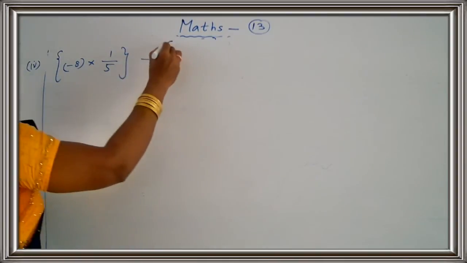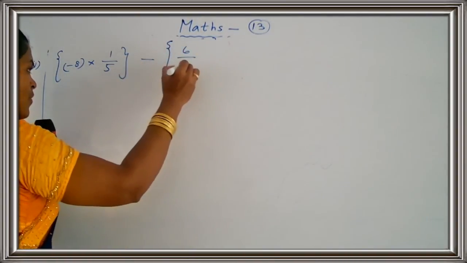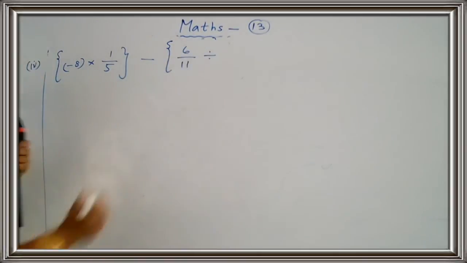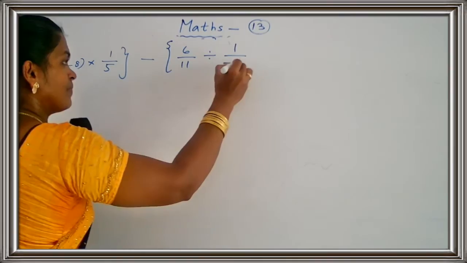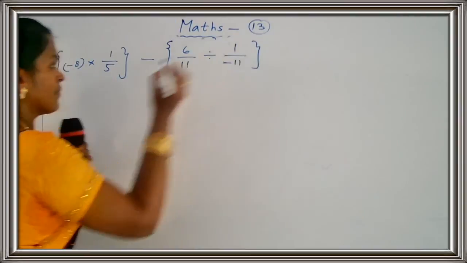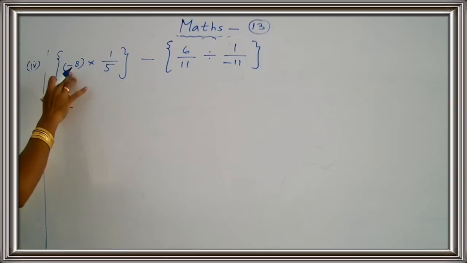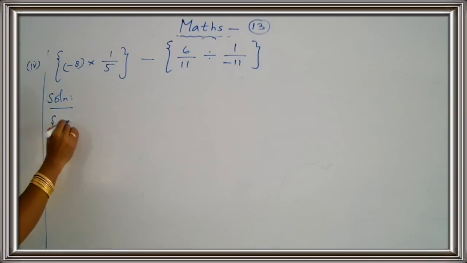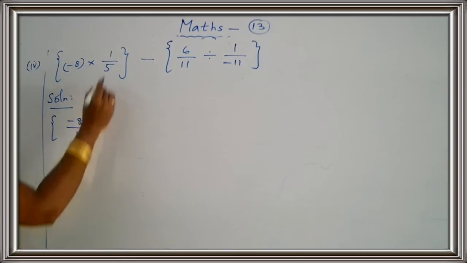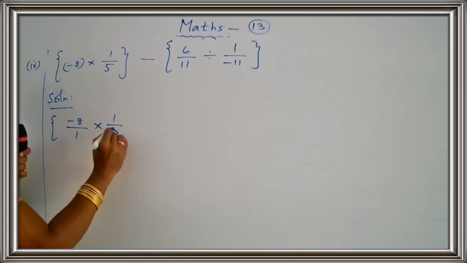So your answer is minus 8 into 1, minus into plus is minus, 8 1 is 8. So your answer is minus 8 upon 1 5 is 5. So your value of minus 8 upon 1 into 1 upon 5 is equal to minus 8 upon 5.